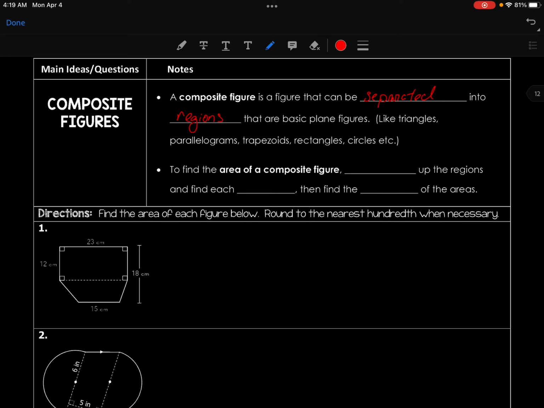Divide up the regions and find each area, and then find the sum of the areas.